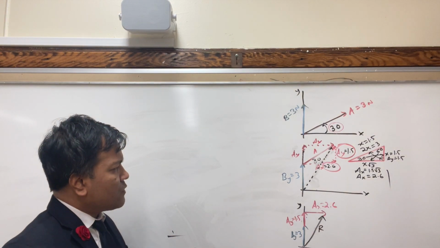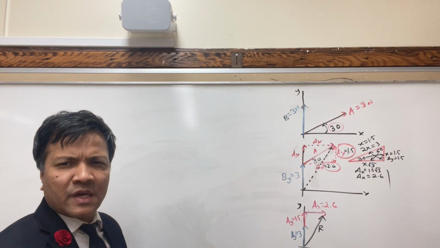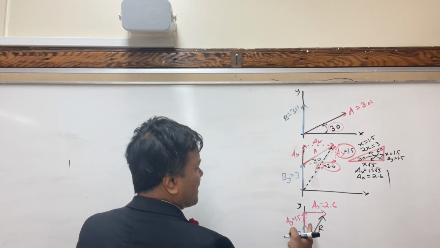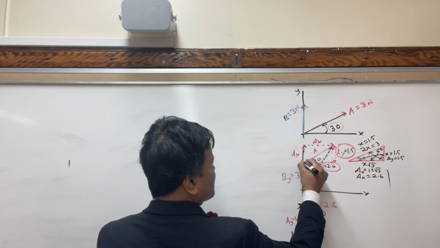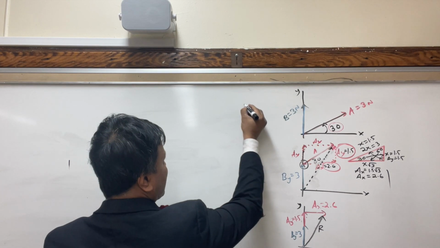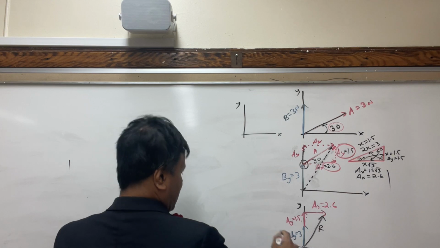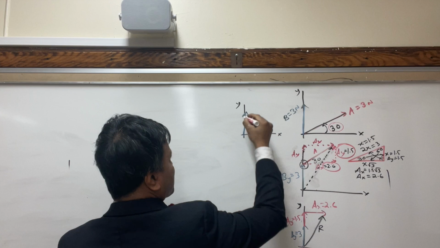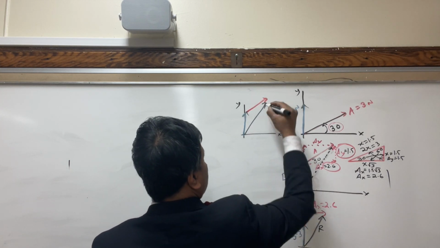Now we're going to use the parallelogram, law of parallelogram. But before we do that, we just want to draw it as a parallelogram, because we have head and tail. This is your head and this is your tail. I'm going to draw head and tail again. So this is x, this is y, this is your b vector, this is your a vector, this is your resultant.